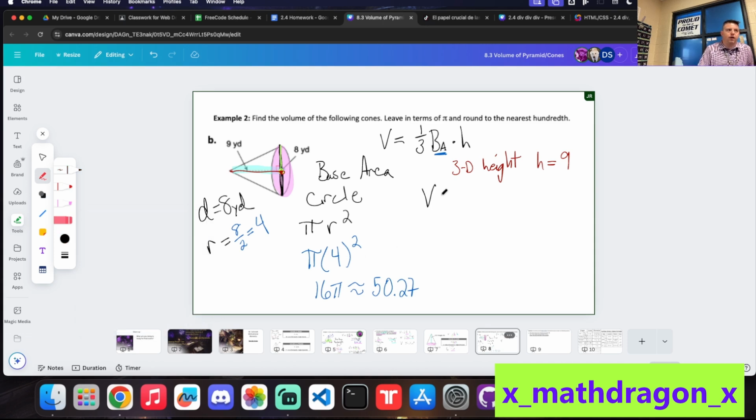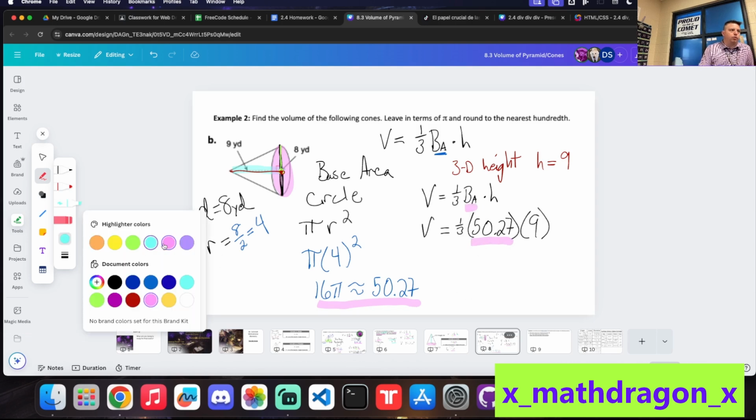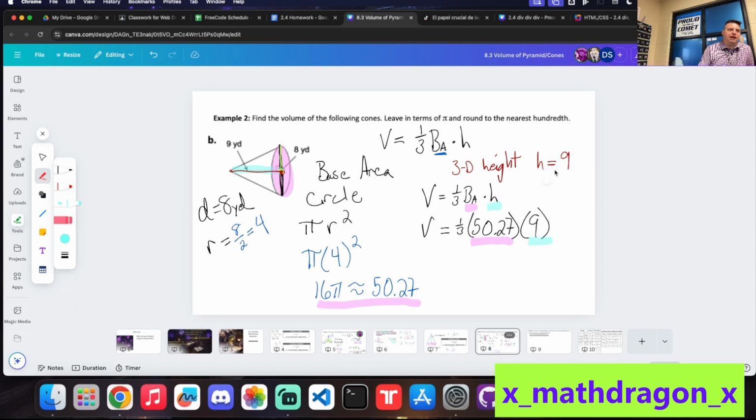And then take your volume formula and plug in your values. So my base area is 50.27. My three-dimensional height, h, equals 9. And then 1/3 is 1/3.